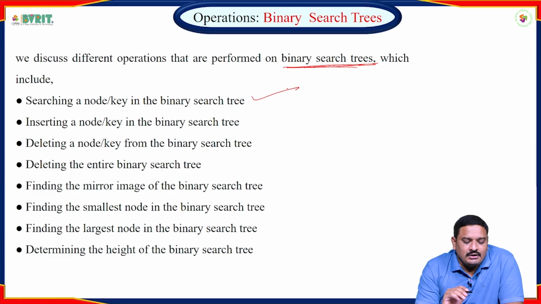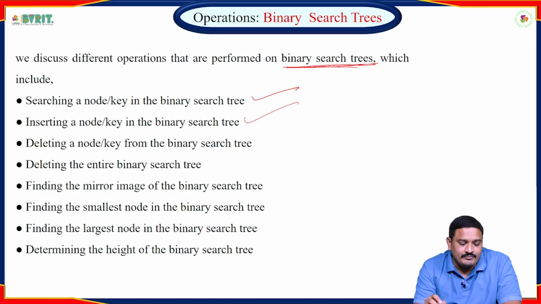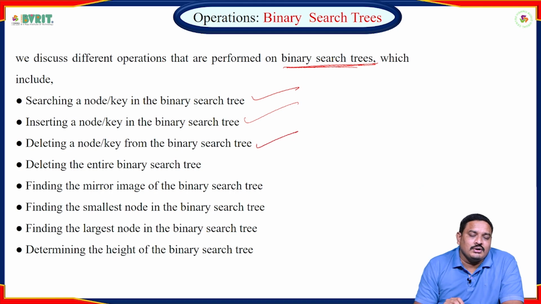We have to search for a node or key in the binary search tree. We insert a node or key in the binary search tree. We delete a node or key in the binary search tree, or delete the entire binary search tree.